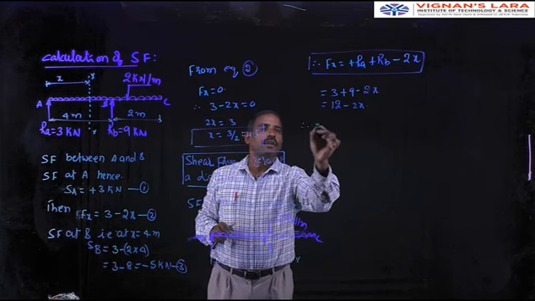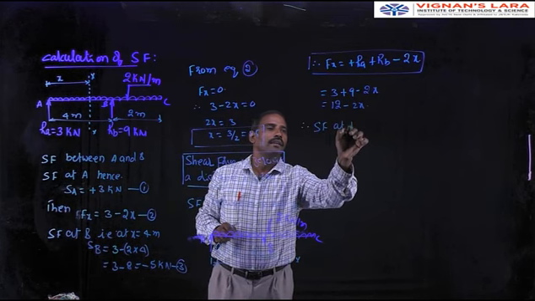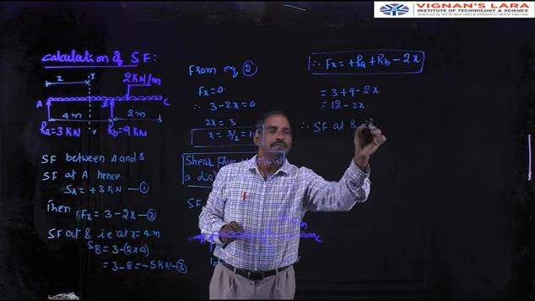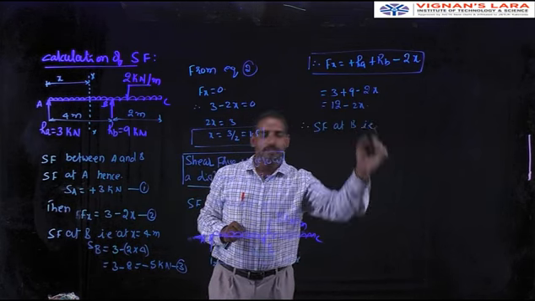Then, SF at B, it means at x equal to 4 meters. Substitute x equal to 4 meters in the equation. Therefore, SB is equal to 12 minus 2 into 4, that is 12 minus 8, that is equal to 4 kilonewtons.